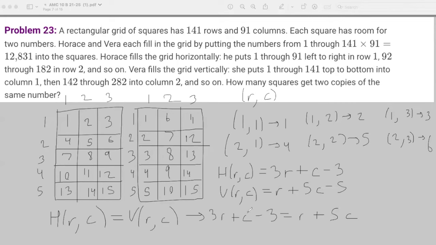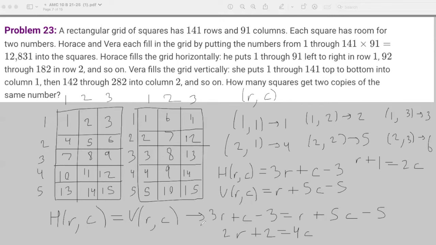Basically, 3R plus C minus 3 is equal to R plus 5C minus 5. So if we subtract everything, we get that 2R plus 2 is equal to 4C. We can divide out by 2 on each side, and we get R plus 1 is equal to 2C.